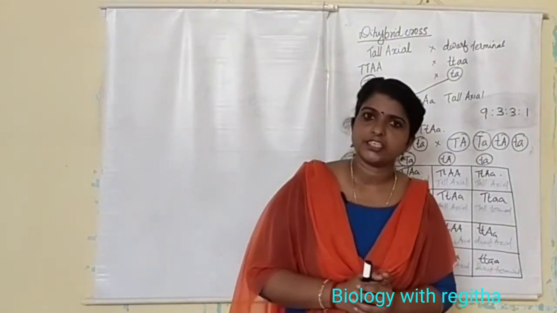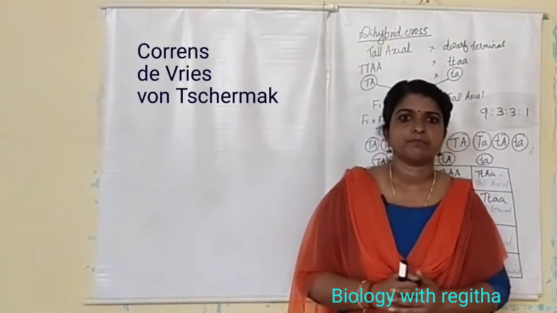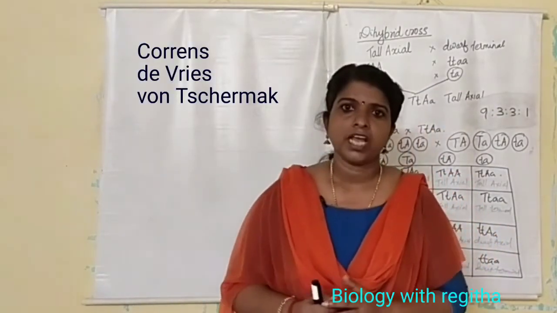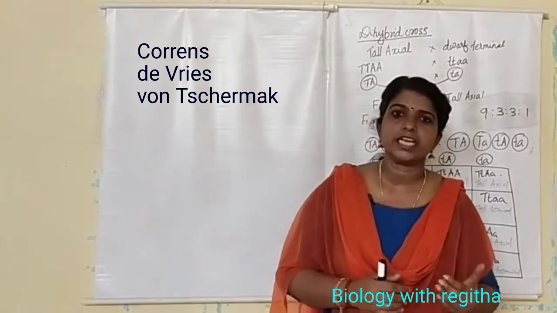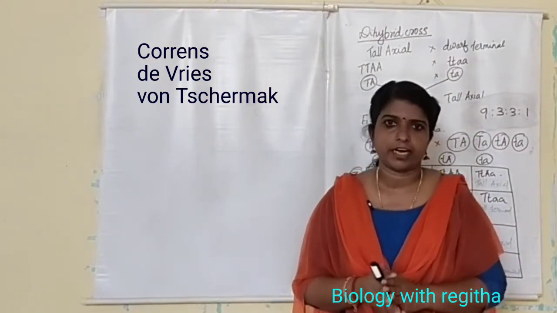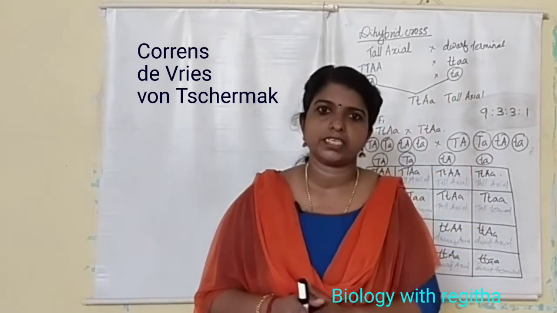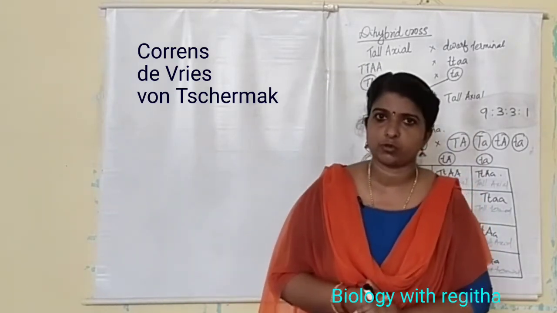But later in 1900, three other scientists, Correns, de Vries and Tschermak, rediscovered Mendel's work. And at that time microscopy had developed, so they observed the chromosomal movement during cell division also.